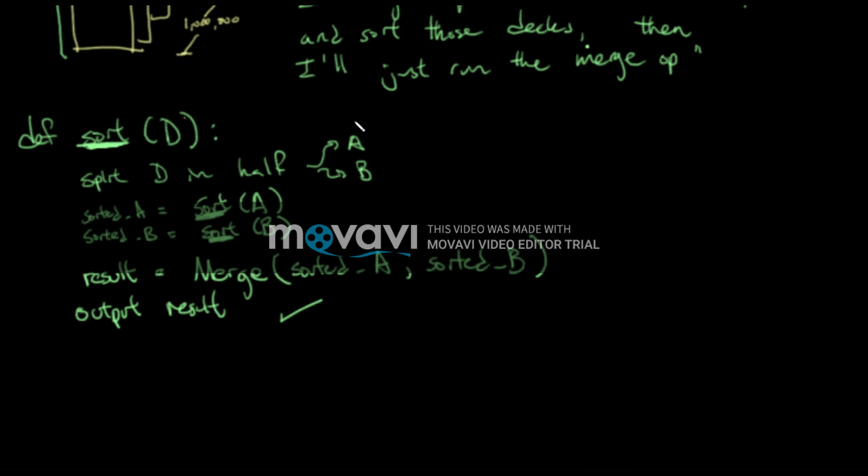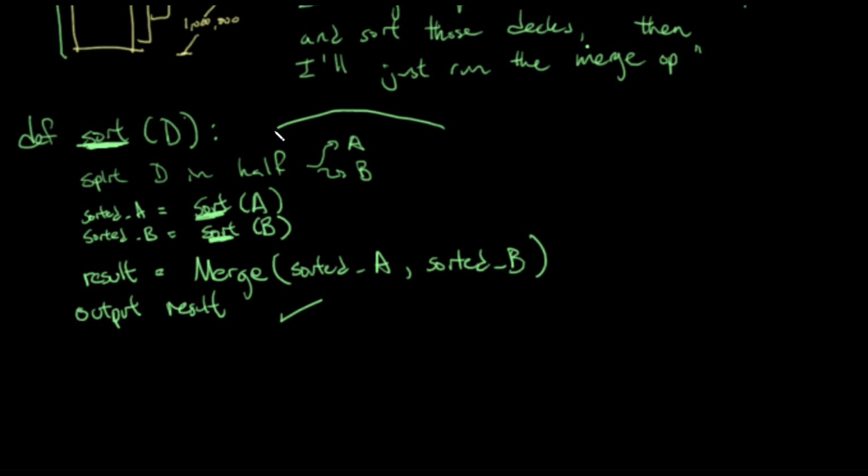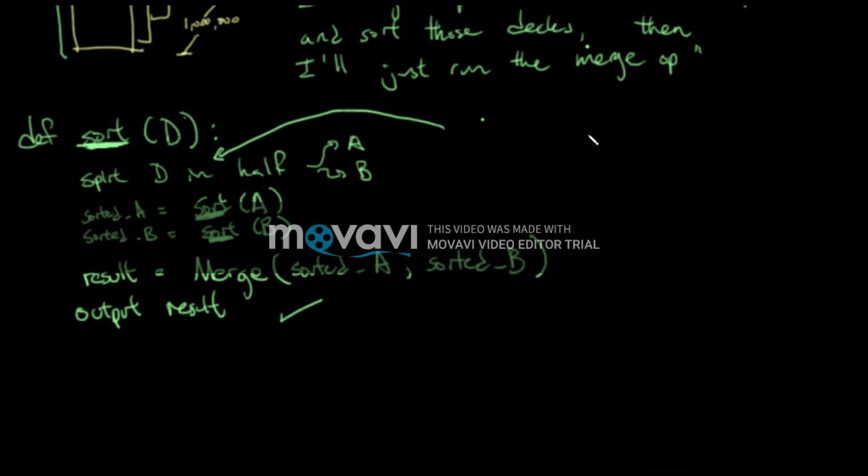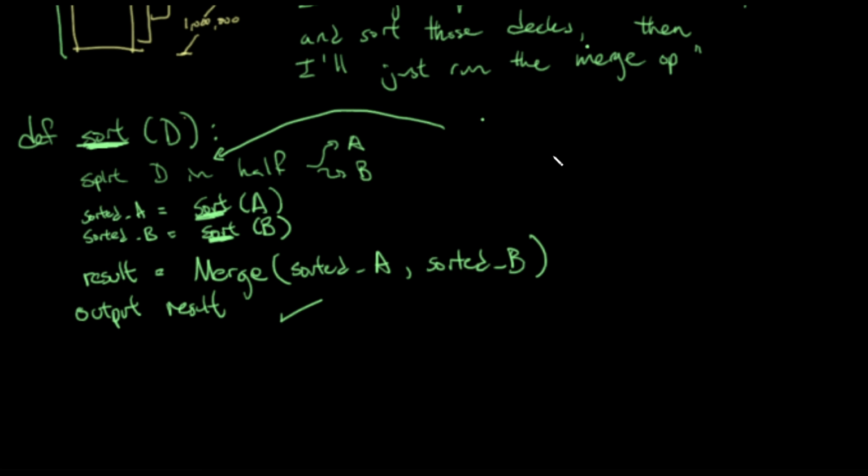And that trivial case is if our deck of cards is of length 1. If I were to give you just one card and tell you to sort that one card, you'd probably first look at me funny, and then just hand that card back, saying that card itself is sorted. So that's what I'm going to put here.